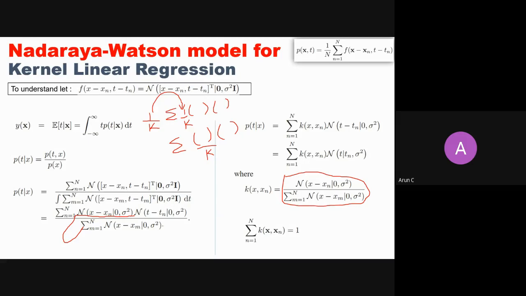And the left out term will be this term and this summation, so this summation goes directly here.